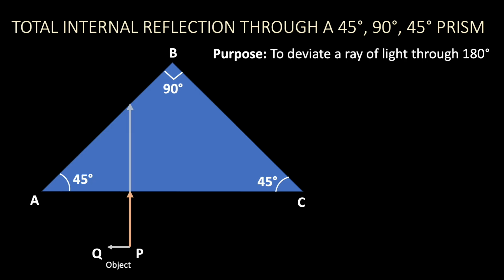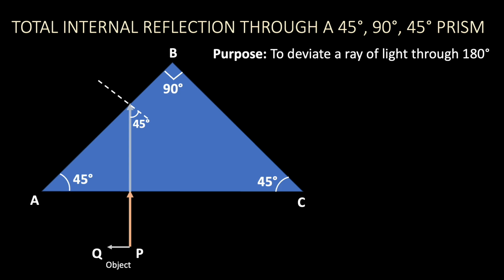The beam of light is traveling from glass to air at an angle of incidence equal to 45 degrees, which is greater than the critical angle of 42 degrees for glass air, and therefore the beam of light suffers total internal reflection.